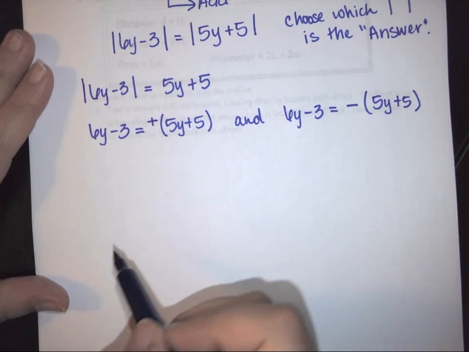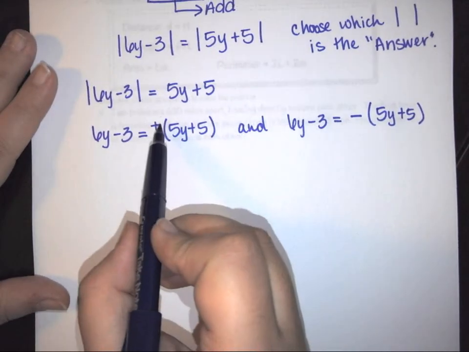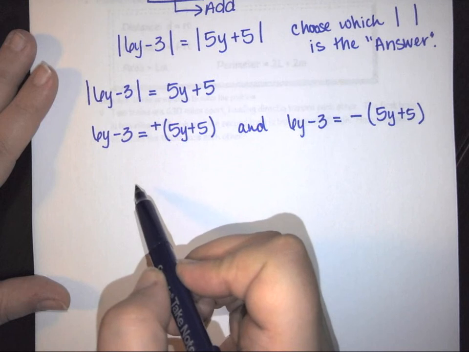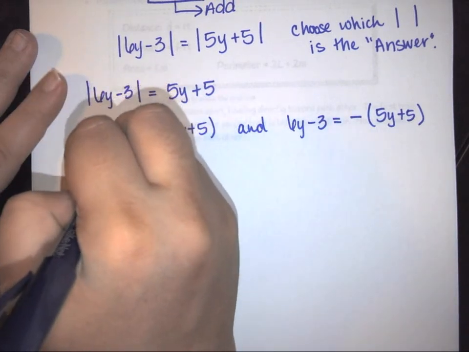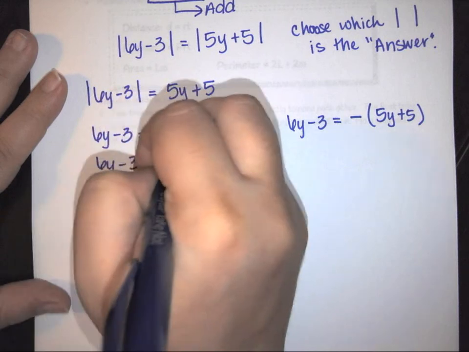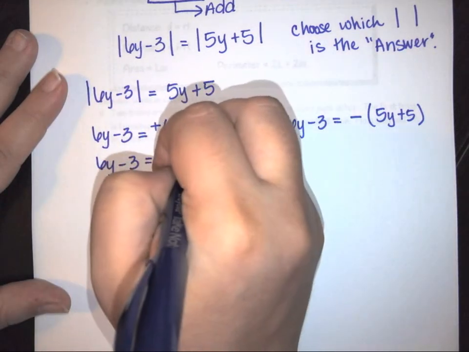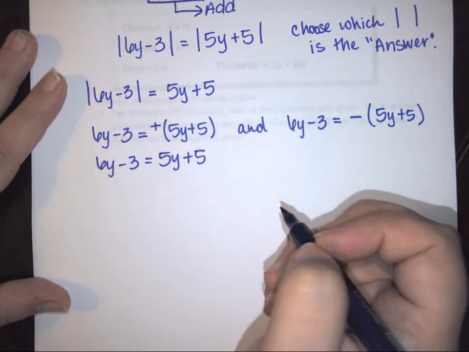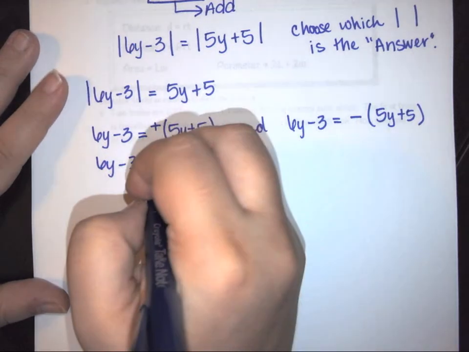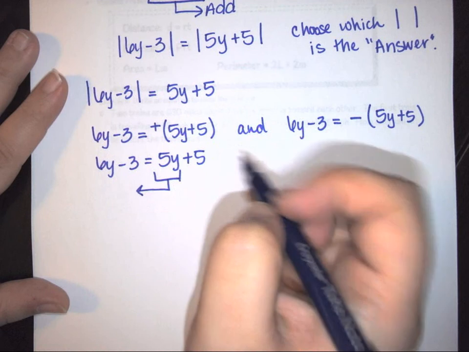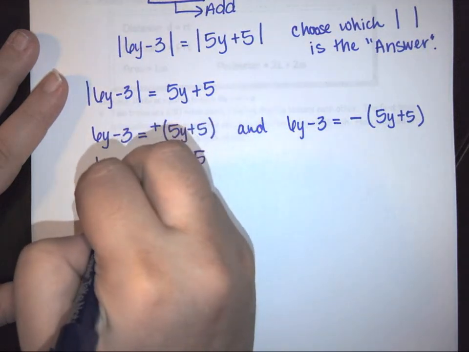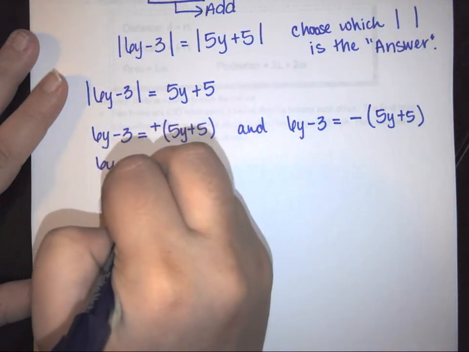So let's start with the equation on the left. I'm looking at the positive of my result, so I don't have to change anything. So this is going to be 6y minus 3 equals 5y plus 5. Again, I want to keep my variable positive, so I'm going to take this 5y and move it. It is positive, so to move it says I have to subtract.